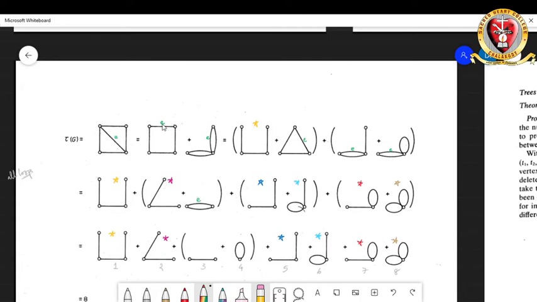Now think this is E. Remove that E. We are considering this graph first. So you removed it, and then you joined it. So what you're doing is G minus E, G dot E. This is the process.